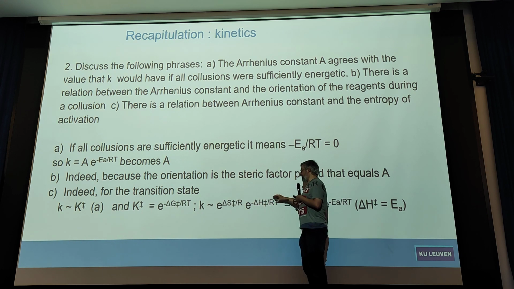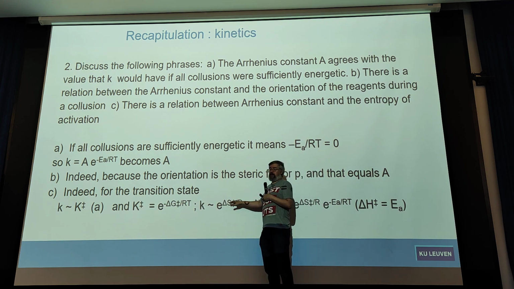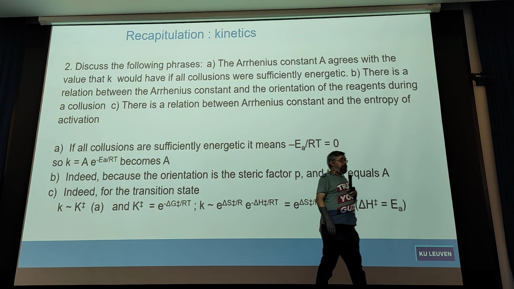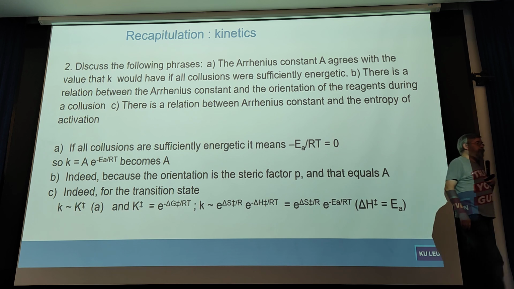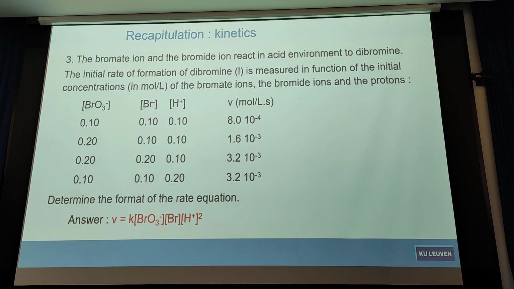This is actually nothing else than the activation energy. So that means we actually have the same kind of relation as in the Arrhenius law. And that means that the entropy is directly related to A, the Arrhenius constant. It's not one-to-one, but they are related to each other. Also that we have seen in the slides.